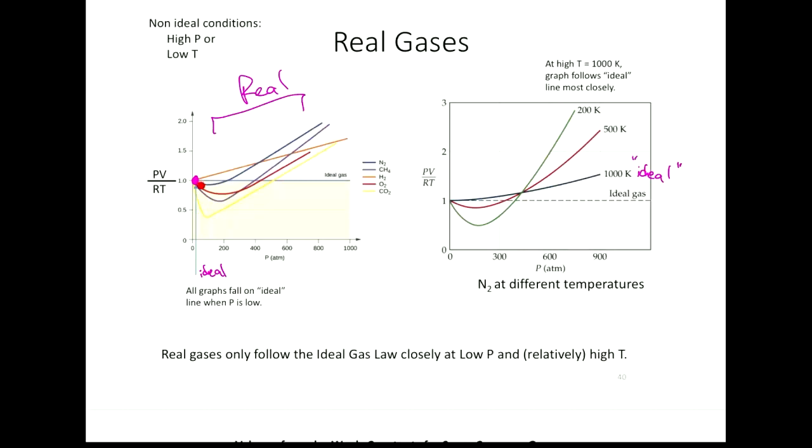At low temperatures, a sample will exhibit less ideal-like behavior. This reinforces our non-ideal conditions, high pressure and low temperature, while we can use the ideal gas law for low pressure and high temperature, which I like to loosely define as earthly conditions. On Earth, we have 1 atmosphere pressure, which is fairly low. We also have a fairly high temperature at 298 Kelvin. So basically, everything other than earthly conditions is real conditions.